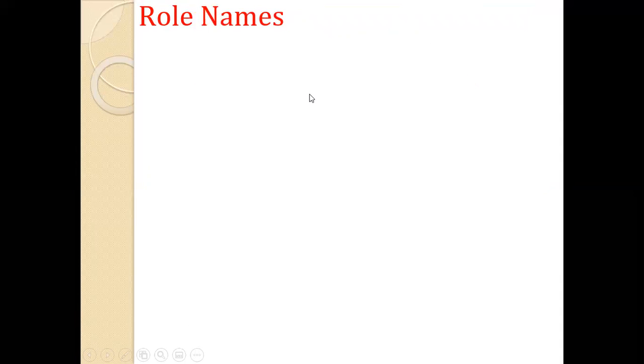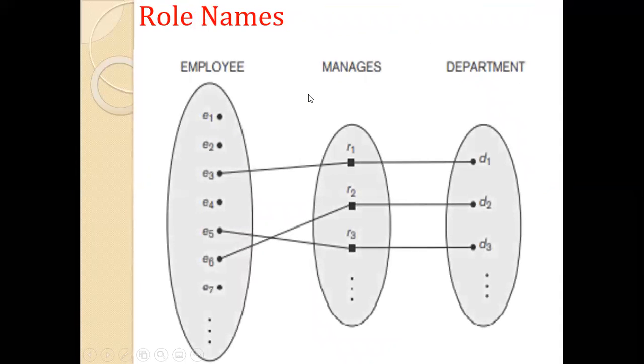The next is the role name. After defining the relationship, forming an association between two entity types, while defining the instance, we can define the role of each entity type in that association. For example, here, employee works for the department.